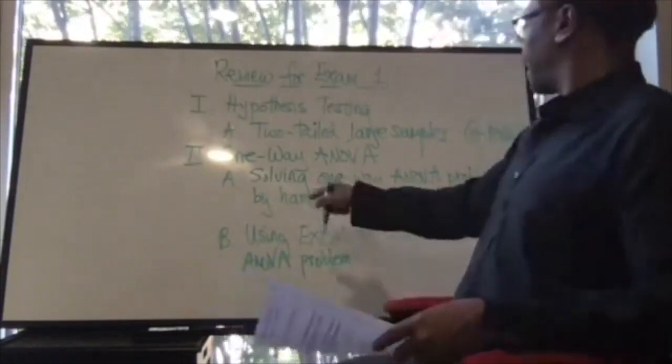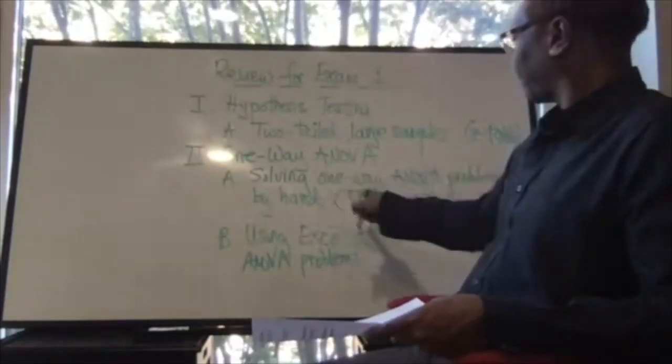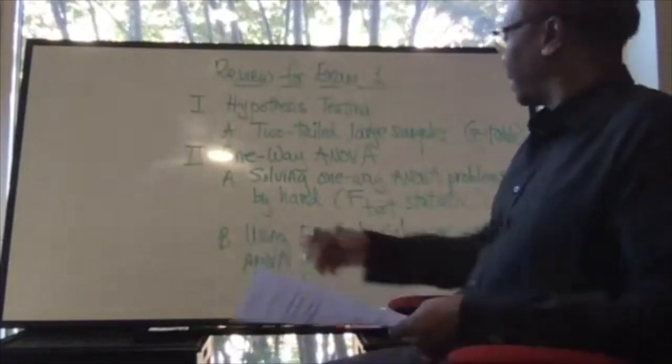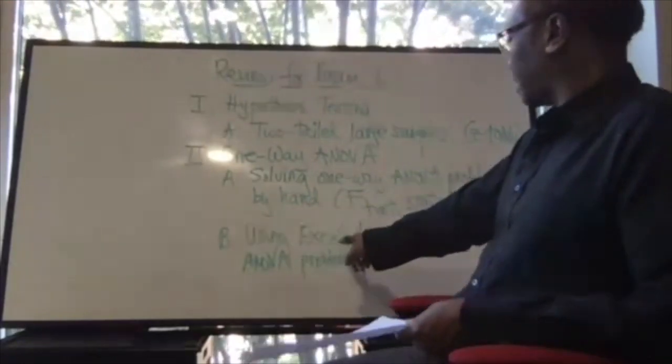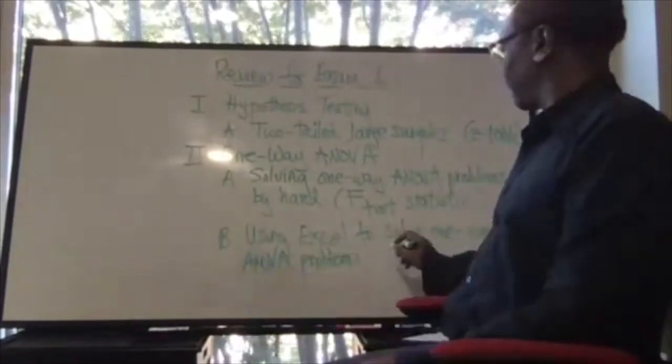Okay, so A says solving one-way ANOVA problems by hand, like the F-test statistic, and of course using the F table. B says using Excel to solve one-way ANOVA problems. I'll just leave this right here and I'll just do C. Using Excel to solve one-way.